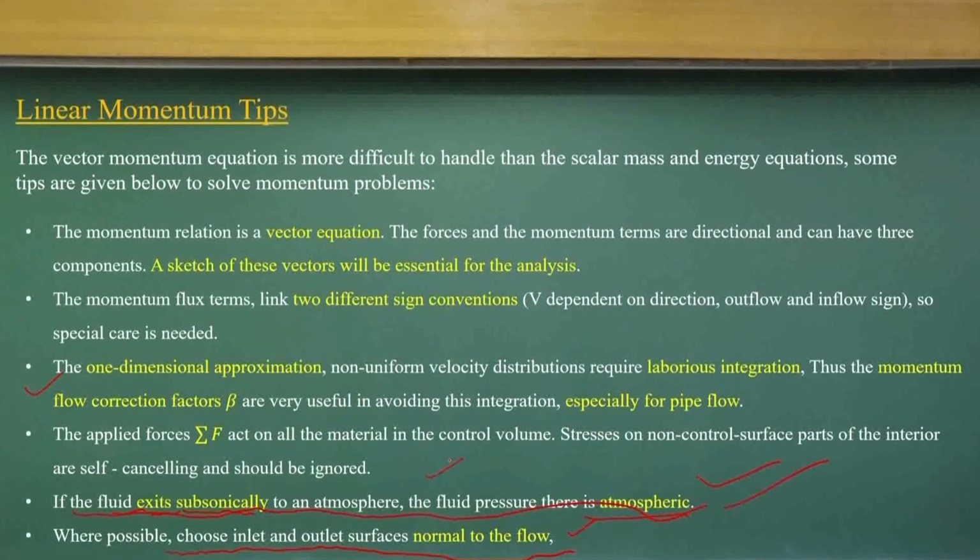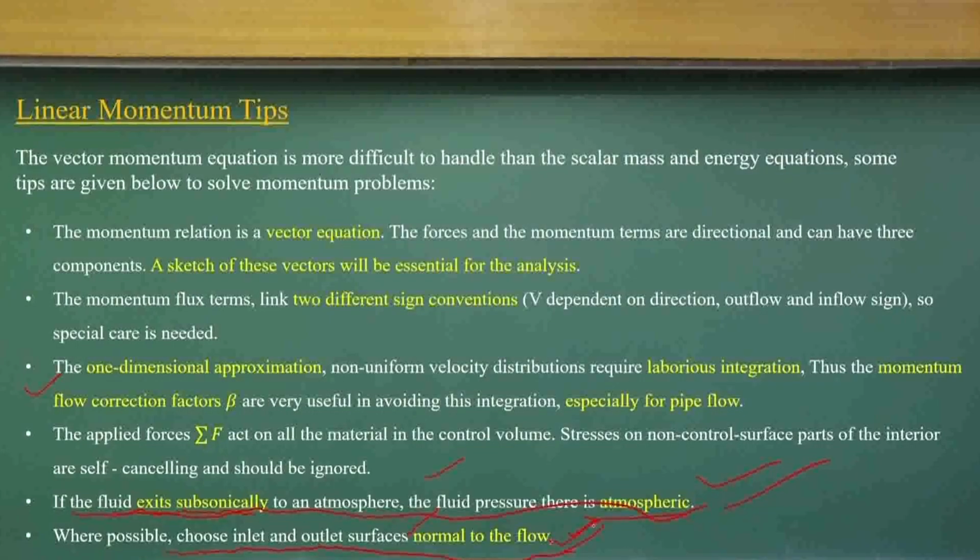The last two points I want to talk about: in many cases the flow exits into the atmosphere at subsonic flow levels, meaning the flow Mach number is less than 1. In that case, you can consider the pressure equal to atmospheric.